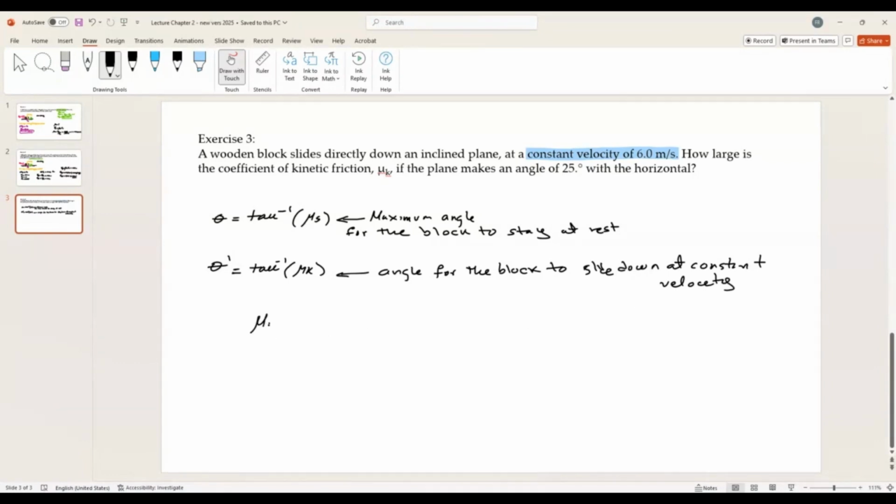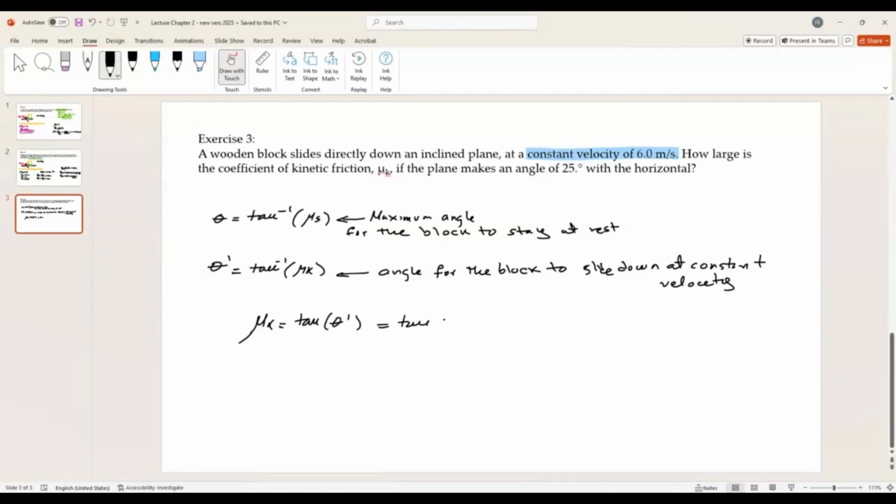So if I want to find mu sub k, and I know that angle, because they say that it is sliding down at constant velocity and the plane makes an angle of 25 degrees, you can say that mu sub k is equal to the tangent of this angle zeta prime.